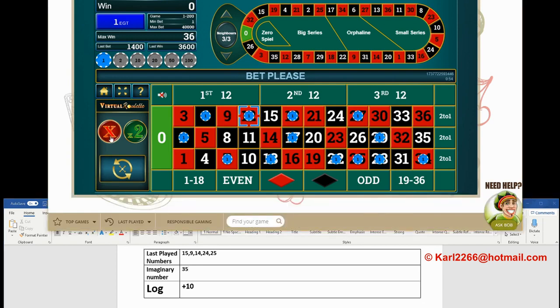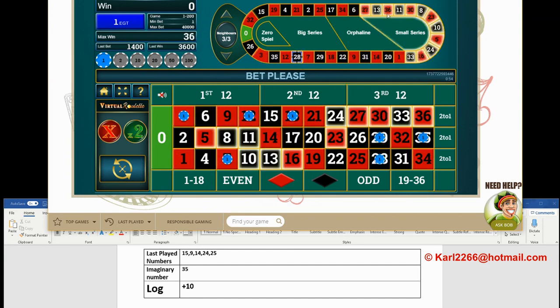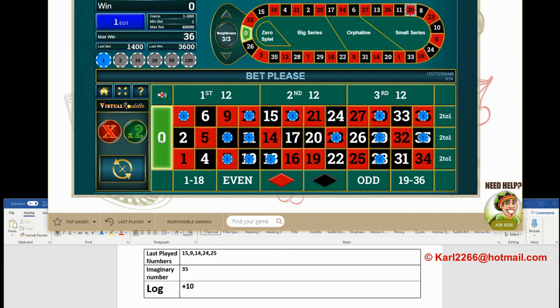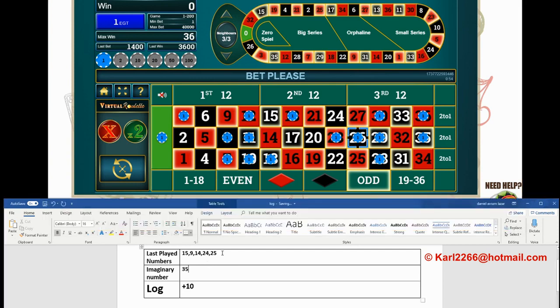Okay. What do we do now when we got 35 as imaginary number? We place bets on 28, 30, and we cover also 0 and 26. Okay, after 25, we got a new winning number, which is number 28.